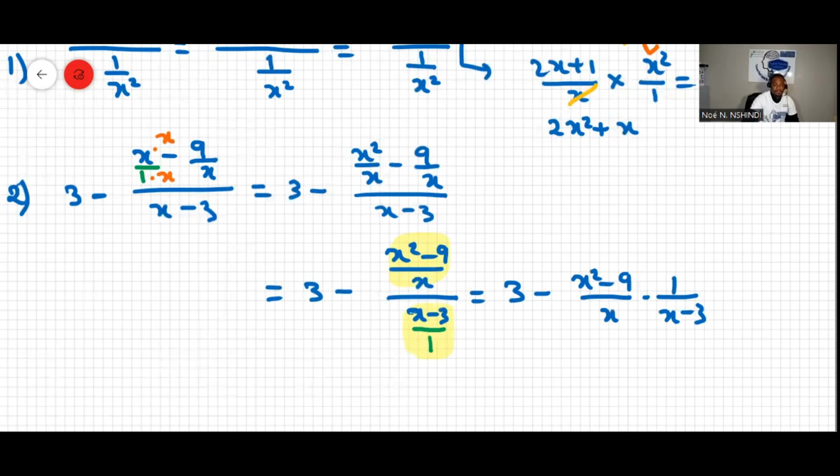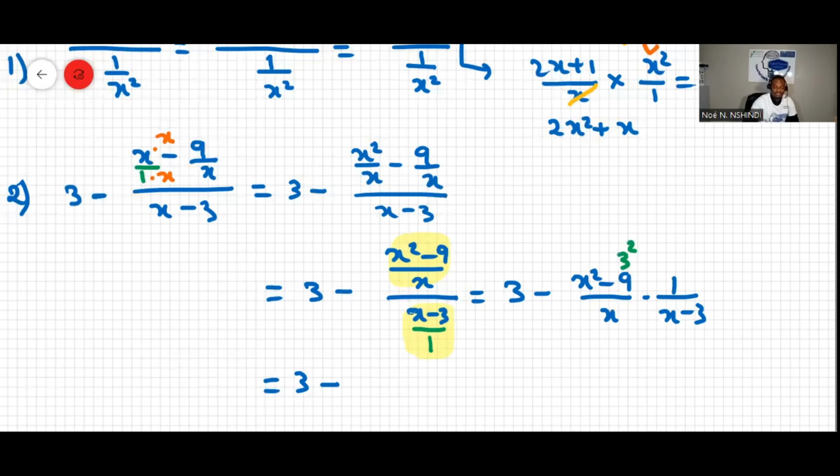Then we can continue. This is going to be 3 minus x squared minus 9. When you see x squared minus 9 here, understand that 9 is a square number, so it's like 3 squared. We can apply here the difference of two squares.